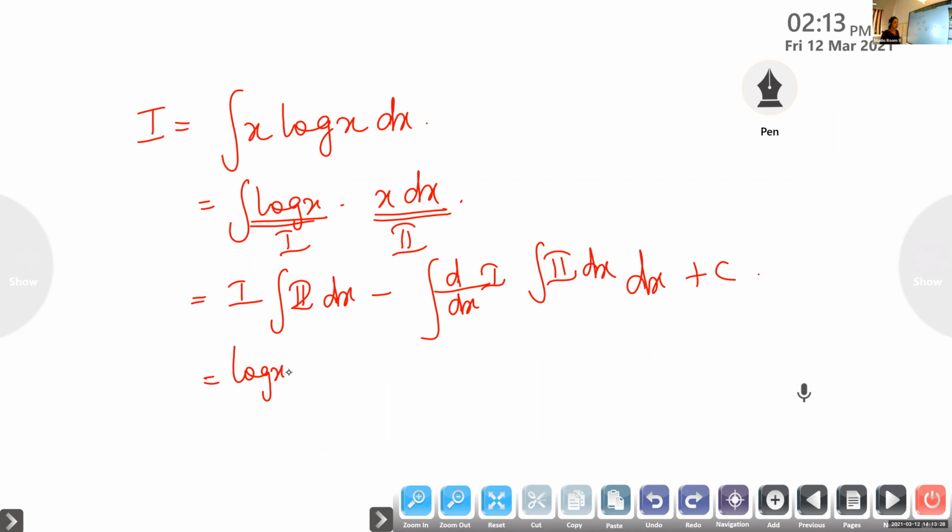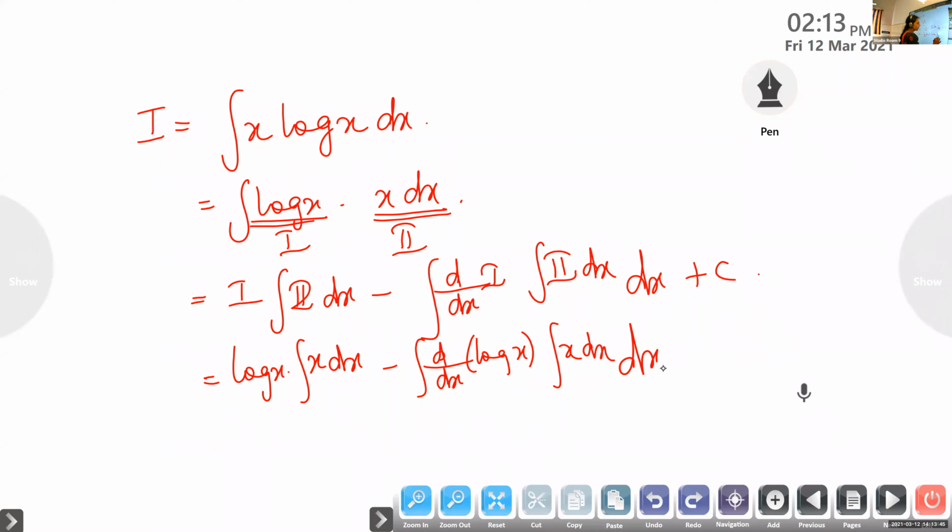First function log x into integral of second function, integral of x dx, minus integral of derivative of first function, derivative of log x, into integral of second function into dx plus c. Now complete this one. Try to complete this one.